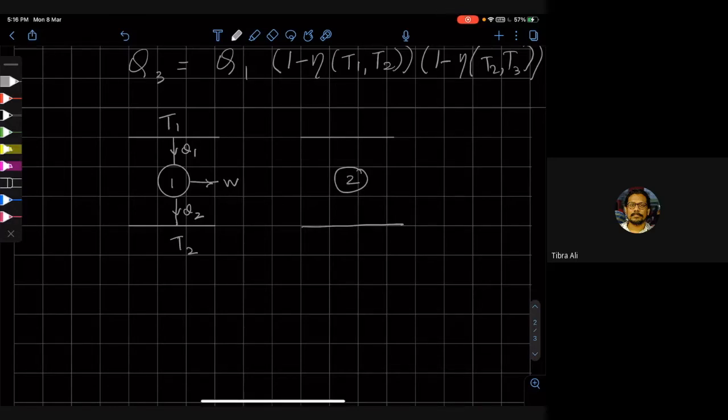What is happening here is that we have T2, and it's taking in exactly the same amount of heat and giving out some other lower amount of heat and turning it into work.